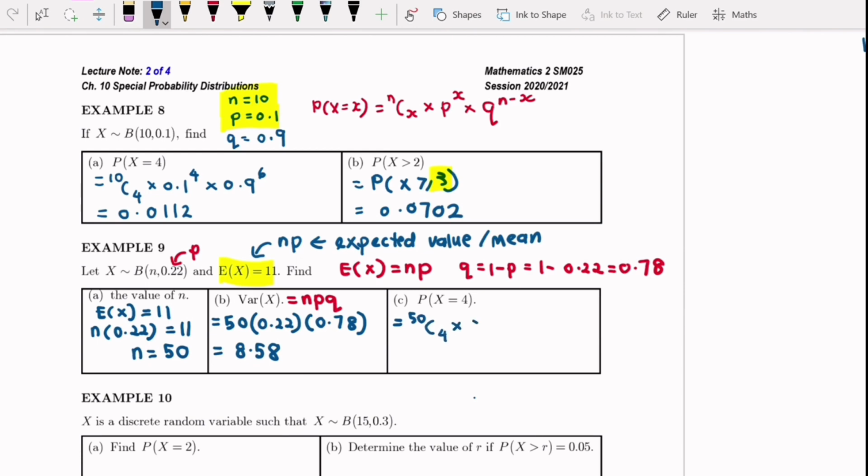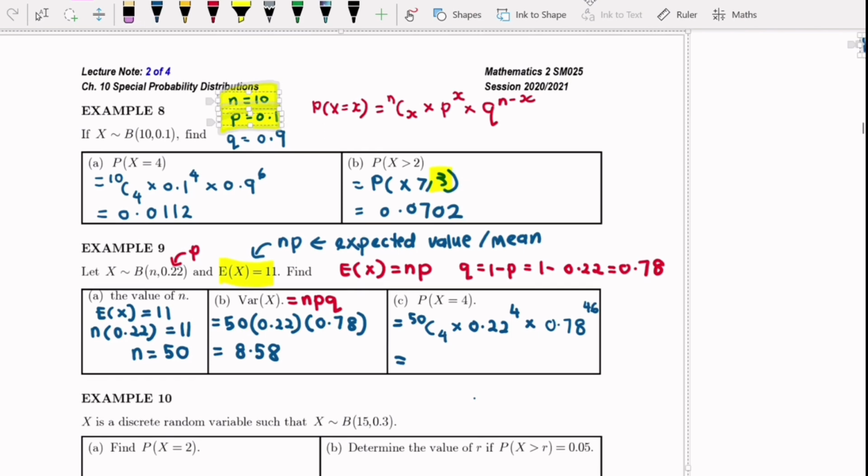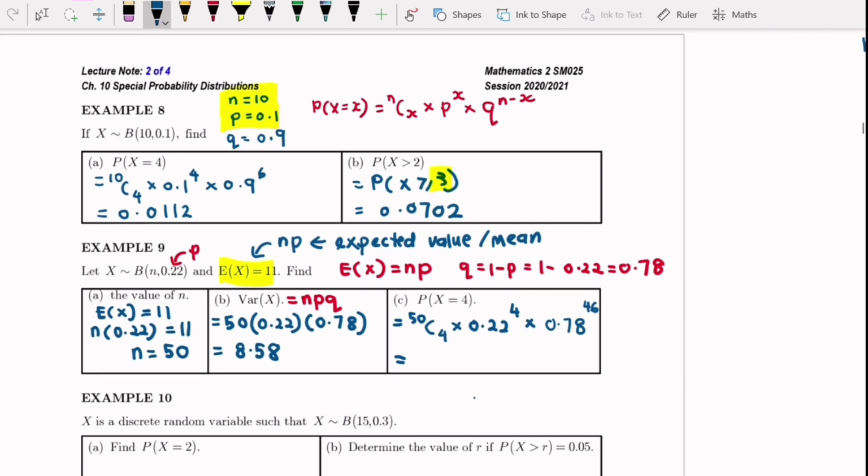Our p is 0.22 to the power of 4 times q, 0.78 to the power of n minus x, which is 50 minus 4 equals 46. Then, use a calculator to find the answer. The answer is 0.0059.